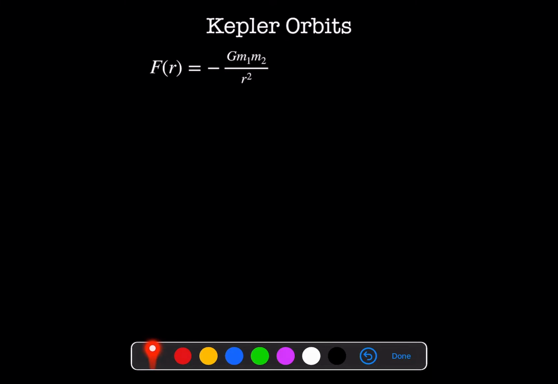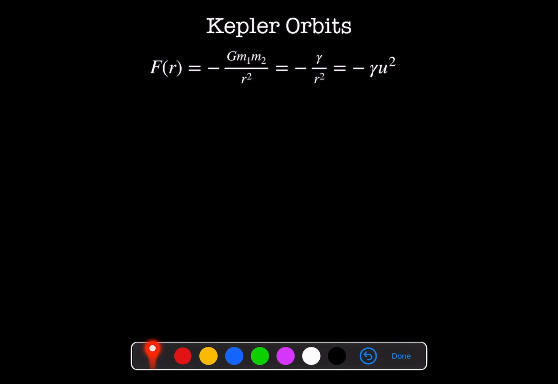In the case of gravitation, we have a force that is equal to minus G m1 m2 divided by their separation squared. I'm going to rewrite this as minus gamma divided by r squared. And this lets me consider any type of inverse square law force equivalently. All I would do is substitute in a different definition for gamma and potentially change the sign.